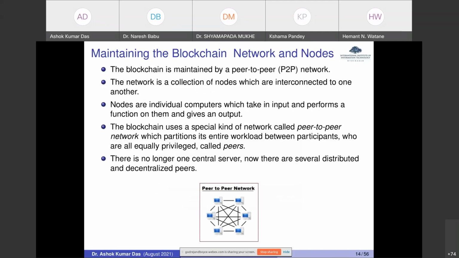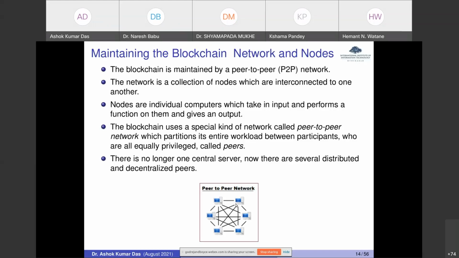Then the blockchain network and nodes can be maintained with the help of a special kind of network, which is known as the P2P network or peer-to-peer network. What a peer-to-peer network is, is that every node in the network can communicate with any other node in the network.